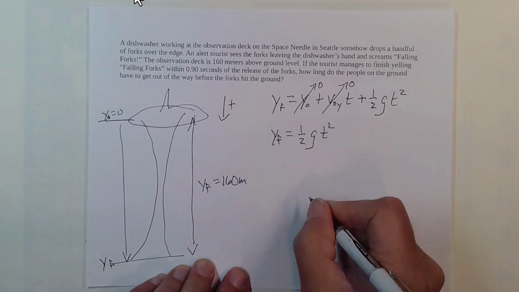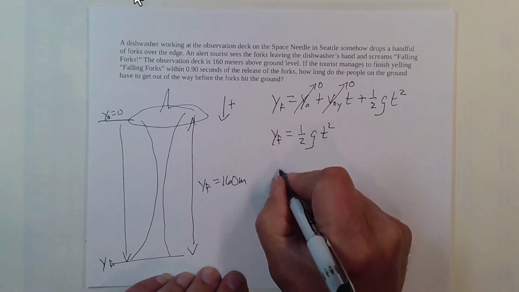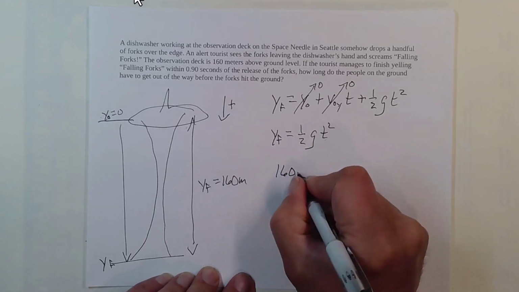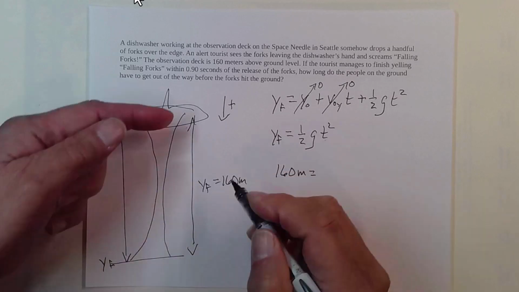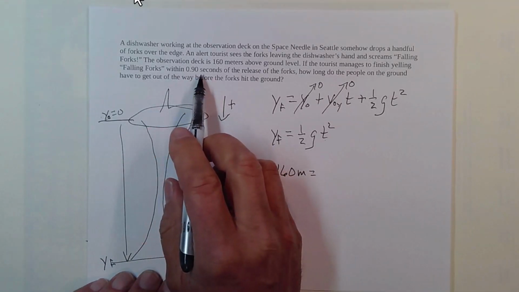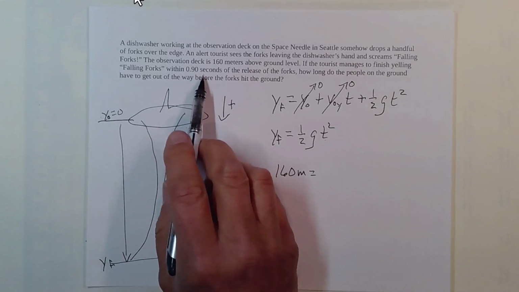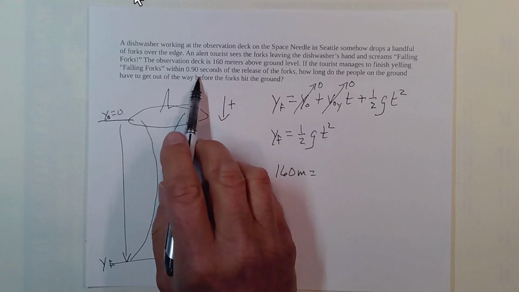The only thing we don't know is how long they're going to take to fall. So I'm figuring out how long they take to fall, and then I'll subtract that 0.90 seconds because they fell for a certain distance before the person finished yelling that.